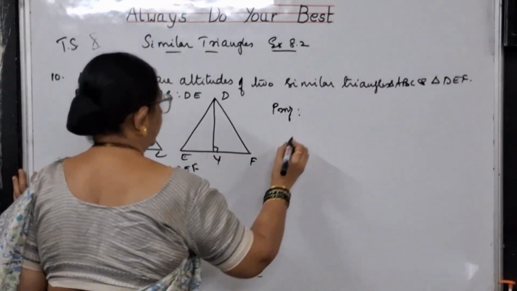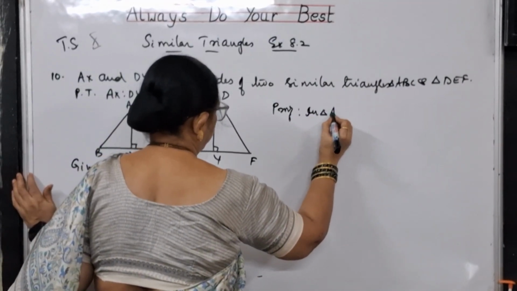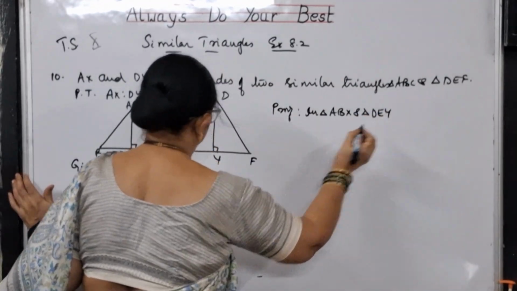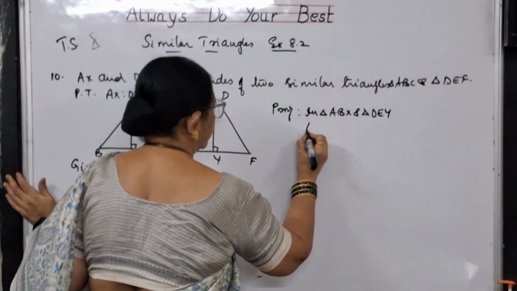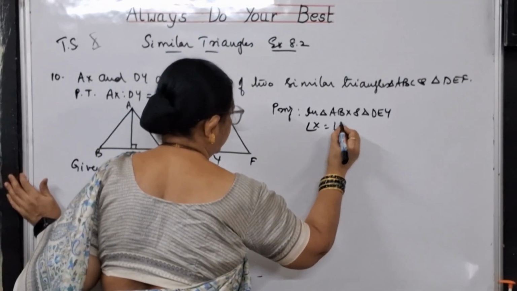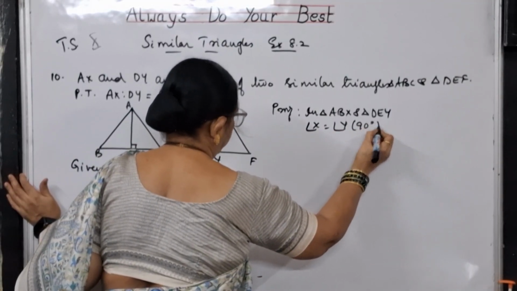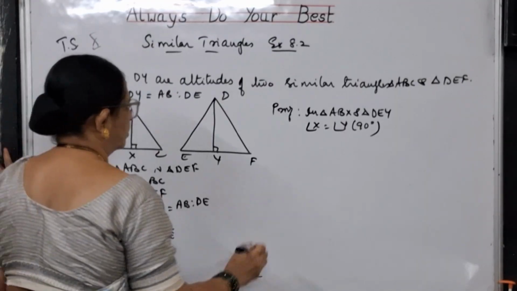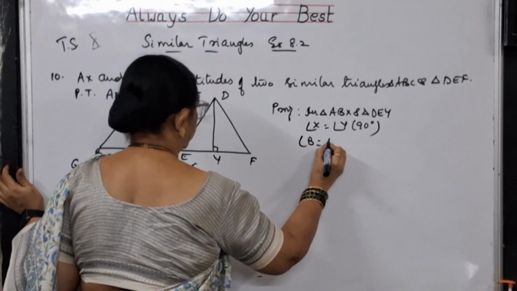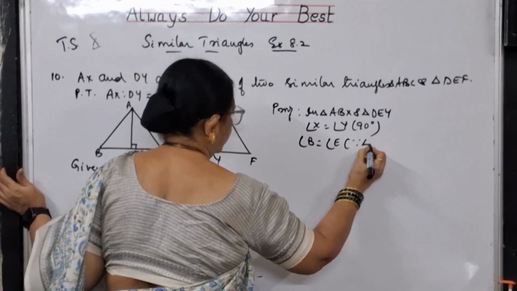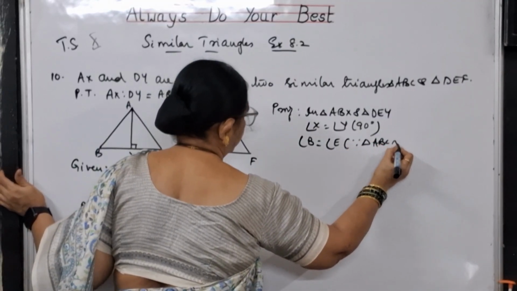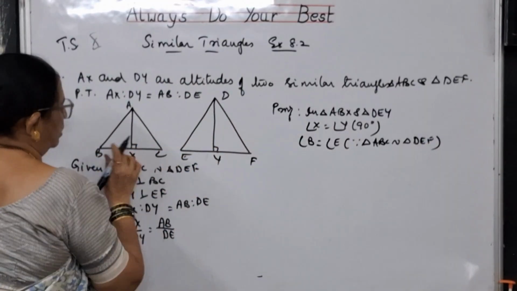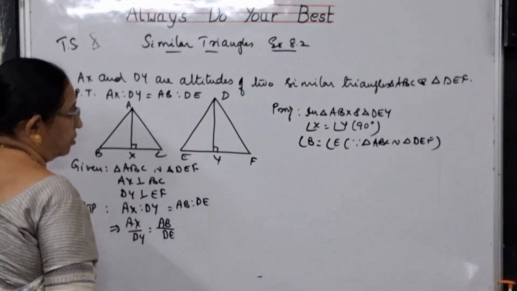Proof: in triangle ABX and triangle DEY, in these two triangles, angle X is equal to angle Y, 90 degrees. This is given to us. They are perpendicular, which means they are 90 degrees. And angle B is equal to angle E because triangle ABC is similar to triangle DEF. When two triangles are similar, their corresponding angles are equal.